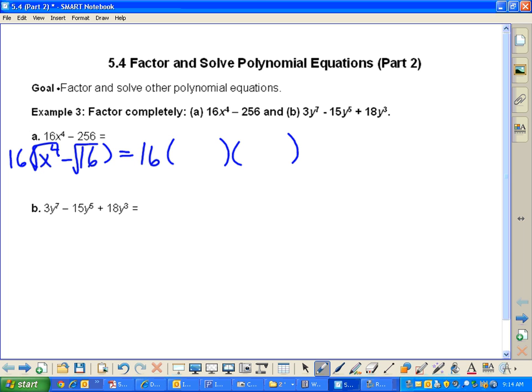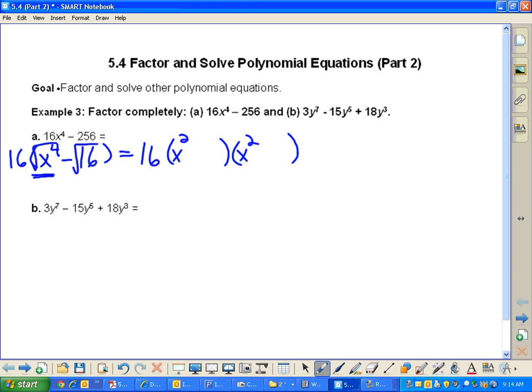And essentially when we factor, we populate 2 binomials. So if I want to figure out what numbers go in these binomials, just to review with you, if I want to factor essentially this difference of 2 perfect squares, all I have to do is think to myself, well, what 2 things can I multiply together to give me x to the 4th? And the answer to that is just x squared times itself.